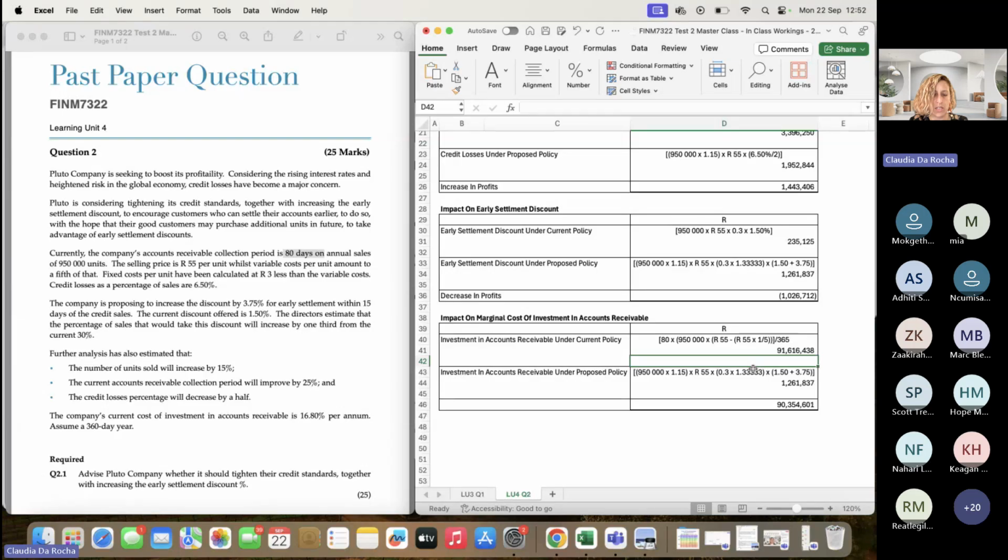Okay, so I shouldn't get that because that's wrong. I must only include my variable cost. Please don't do the error that I did. It's only my variable cost because it's the marginal cost.